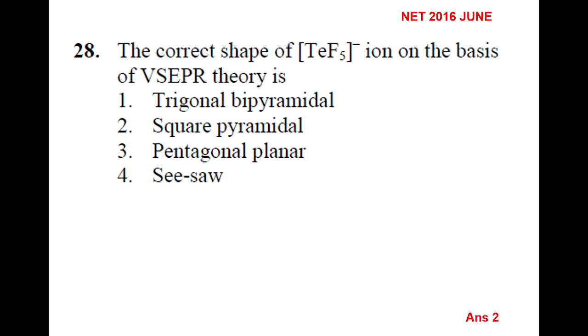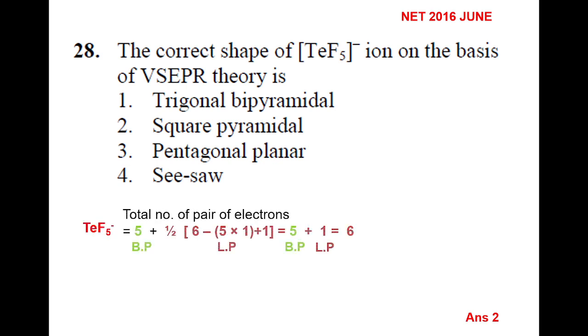So we'll get 2 as the right answer. And how do we get this answer? By calculating the number of bond pairs and lone pairs of electrons. So we'll get 5 bond pairs of electrons and 1 lone pair of electrons. So that is square pyramidal.